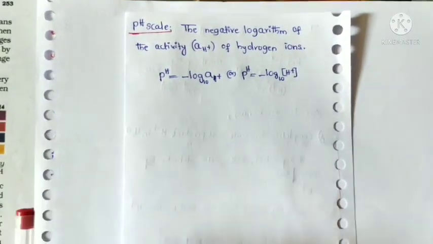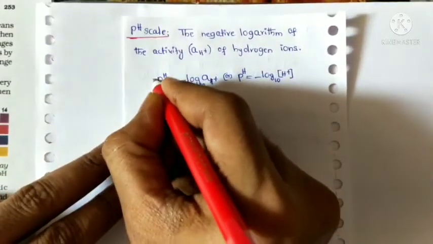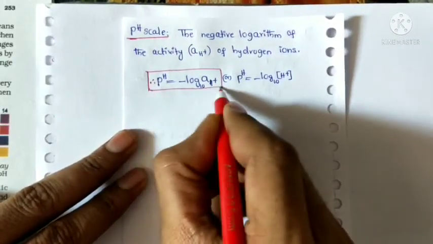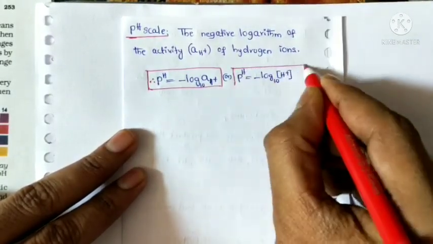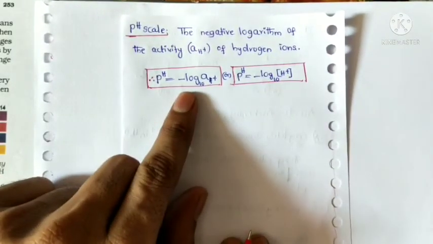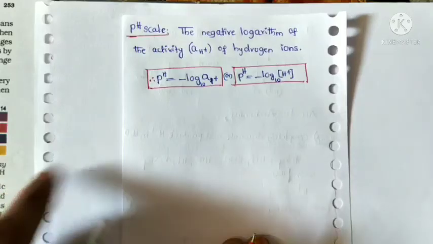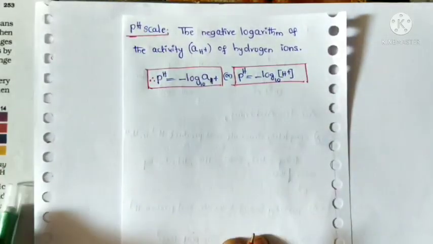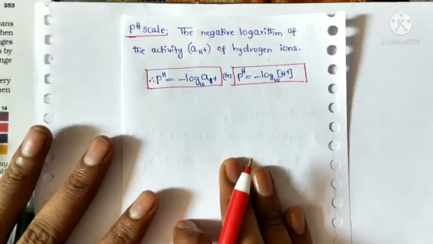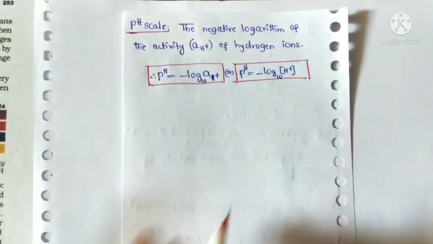This is very important. Just the concentration of H plus ions or H3O plus ions represented as a negative logarithm base 10. So this is called pH. Now we will see some examples.